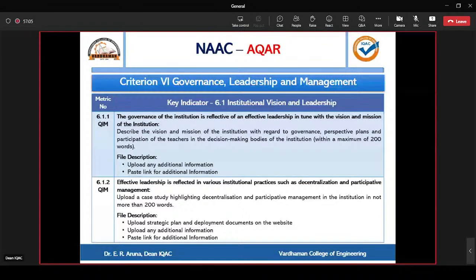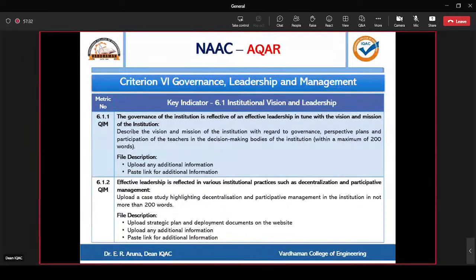And actually, there are several committees with respect to the apex bodies, which can be categorized into two categories: one we call statutory, the other non-statutory. The statutory and non-statutory committees have to meet regularly, or the frequency of the meeting depends on the type of the committee. The minutes should be recorded and disseminated to all the committee members as well as the stakeholders.